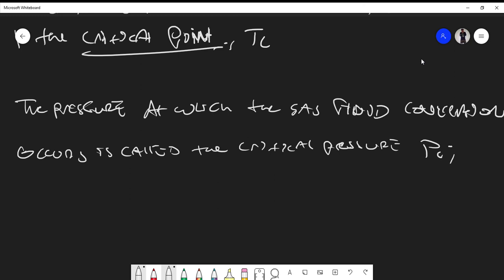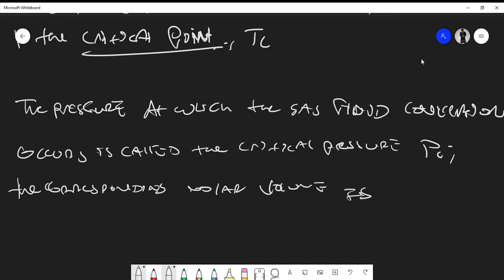Right? And the corresponding molar volume is called VC.